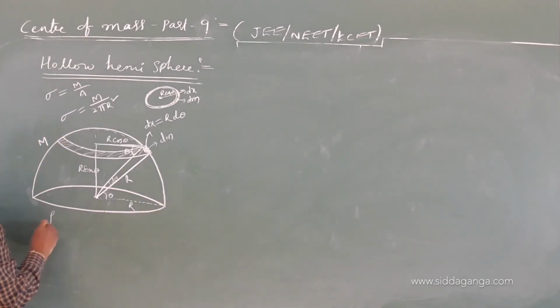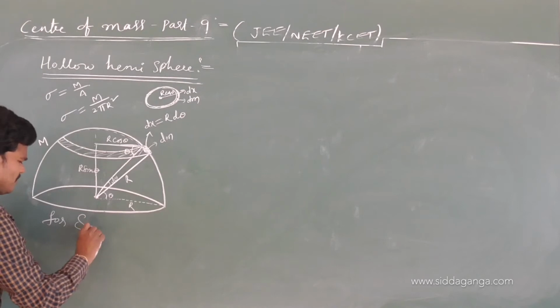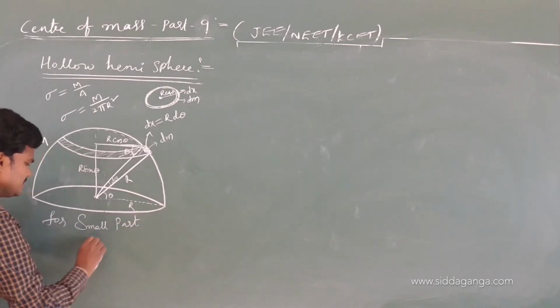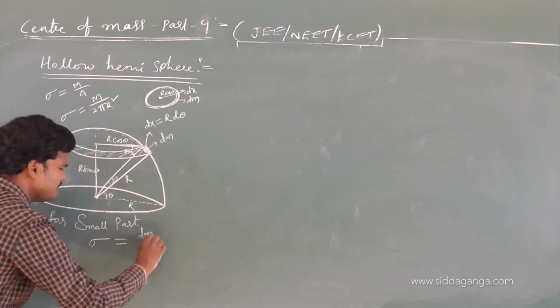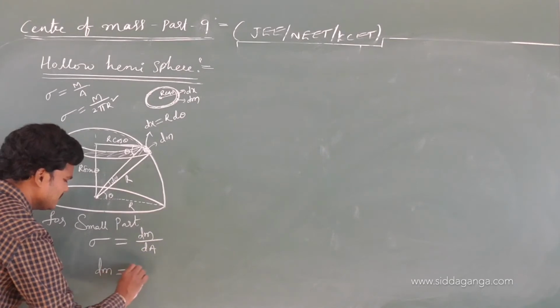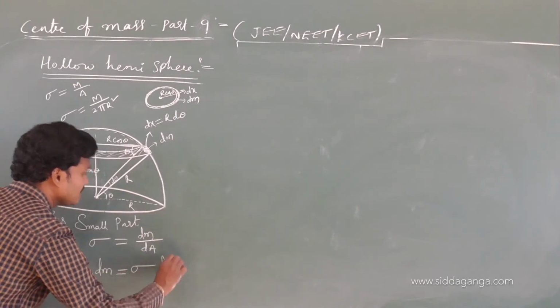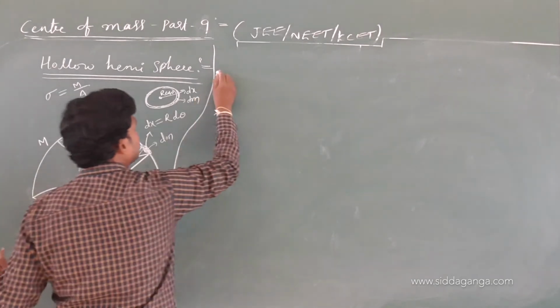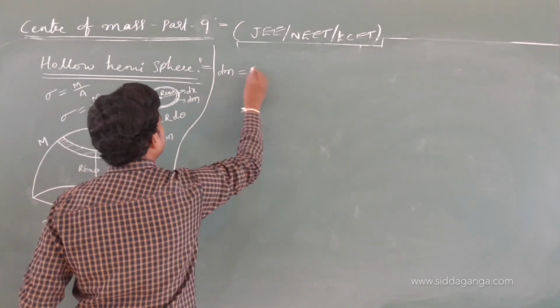Now let me write for a small part. Sigma we can write as dm by dA, so dm we can write as sigma into dA. What is sigma?